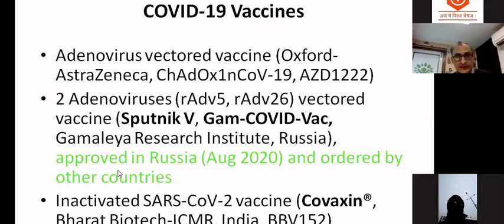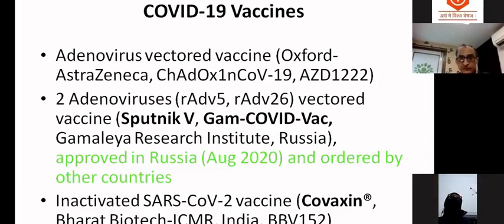And then there is our indigenous vaccine made in India, the inactivated SARS-CoV-2 vaccine with the brand name Covaxin. Bharat Biotech has developed and launched this vaccine. ICMR, in fact, developed this vaccine.